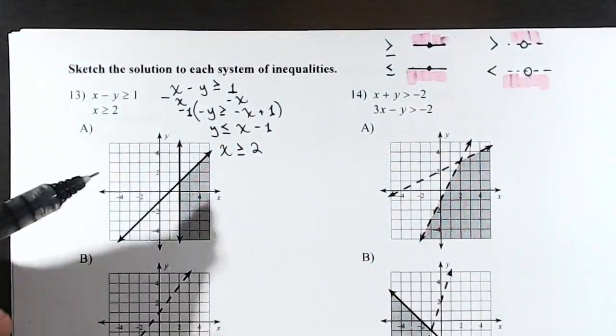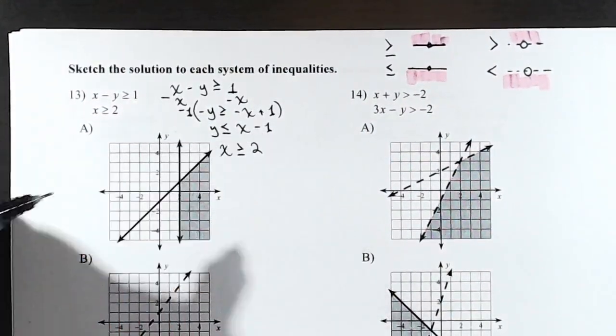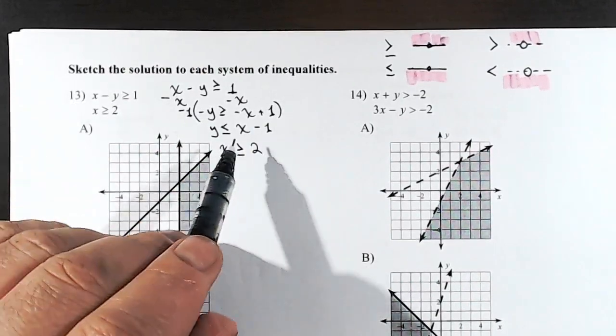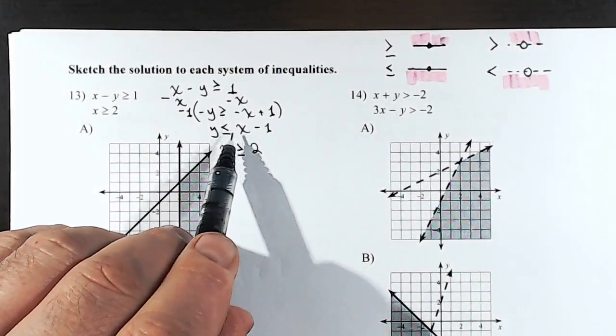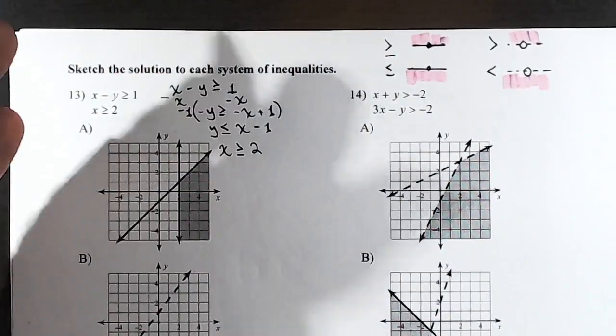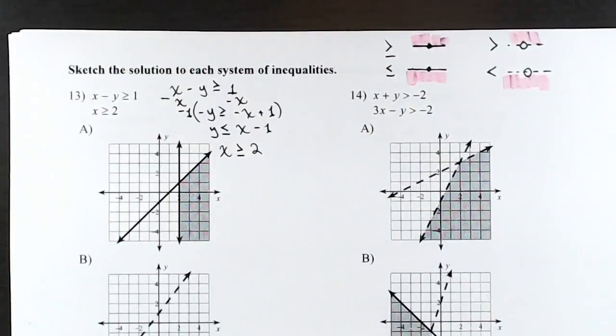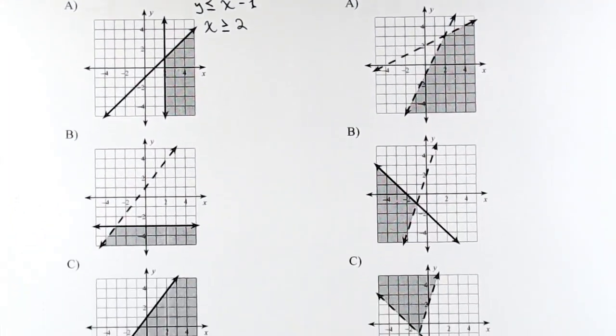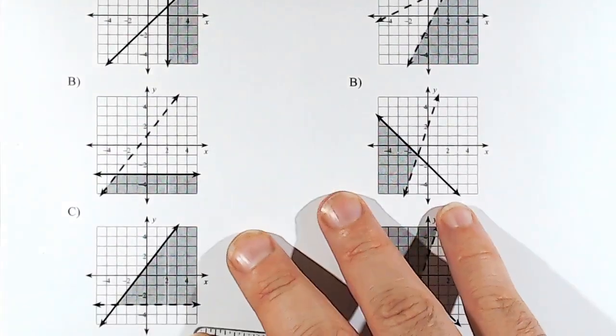Let's take the first one. We have a y-intercept at -1, and a slope of the x coefficient is 1 over 1, so rise 1, run 1. We start at -1, and we go up 1 over 1, up 1 over 1. So it's going to be a positively sloped line with a filled-in dot, okay?